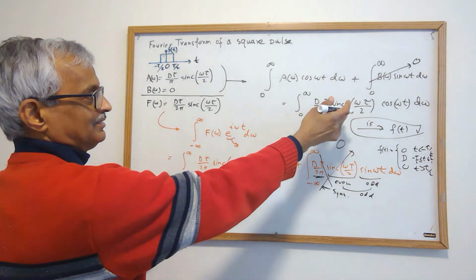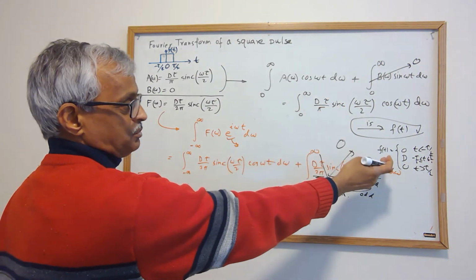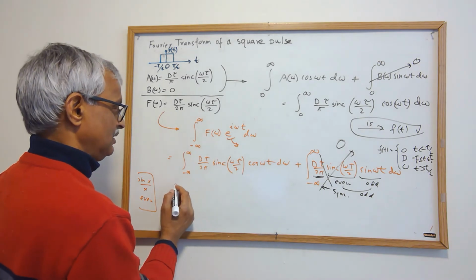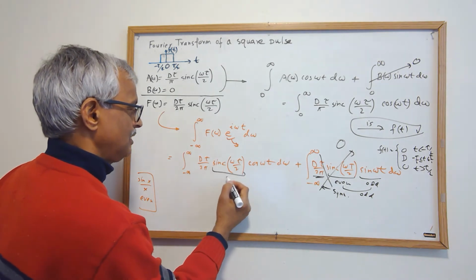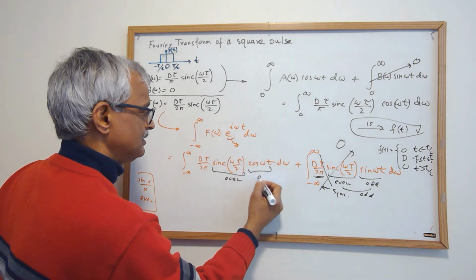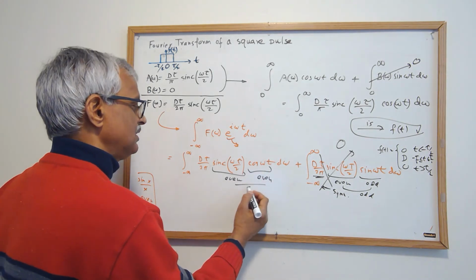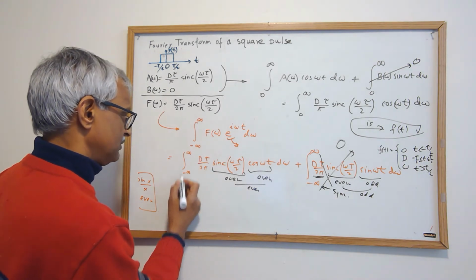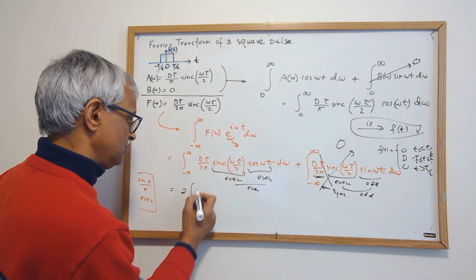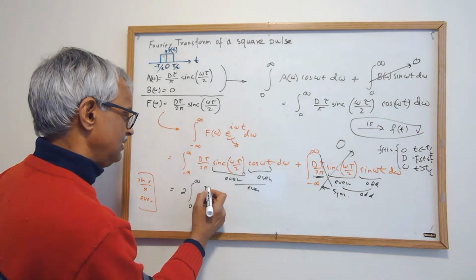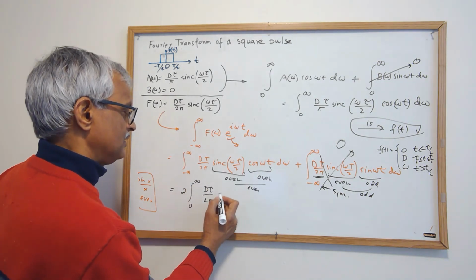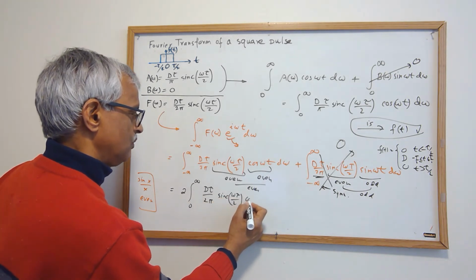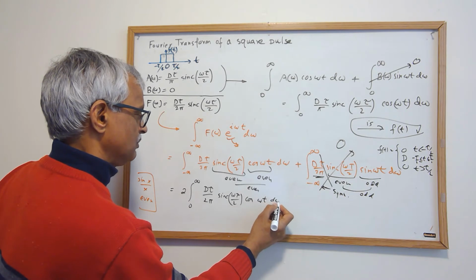That's good. This integral gives me the f of t, so I should get the same integral when I work it out here. I see this is even, this is even. Oh, guess what? The whole thing is even, right? So I can write 2 times the integral from 0 to infinity of d tau over 2 pi, sinc omega tau over 2, cosine omega t d omega.